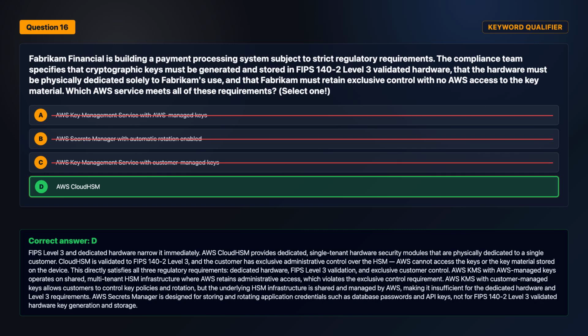AWS Secrets Manager is designed for storing and rotating application credentials, such as database passwords and API keys, not for FIPS 140-2 Level 3 validated hardware key generation and storage.